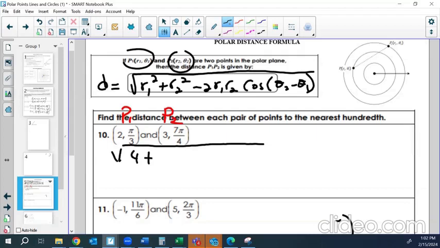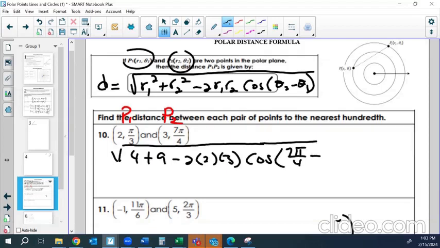My R2 is 3. Square that. That gives me 9. Minus 2 times R1 R2. That's going to give me 2 times 3. And now times the cosine of the difference of the angles. So that's going to give me now 7 pi over 4 minus pi over 3.